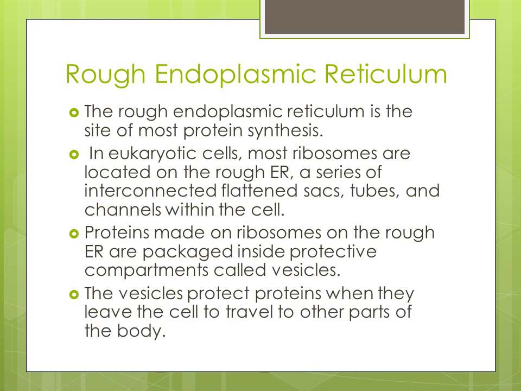The rough endoplasmic reticulum. And that looks like a hard word, doesn't it? But it's really not that tough. The rough endoplasmic reticulum is the site of most protein synthesis. In eukaryotic cells, most ribosomes are located on the rough ER, a series of interconnected flattened sacs, tubes, and channels within the cell.